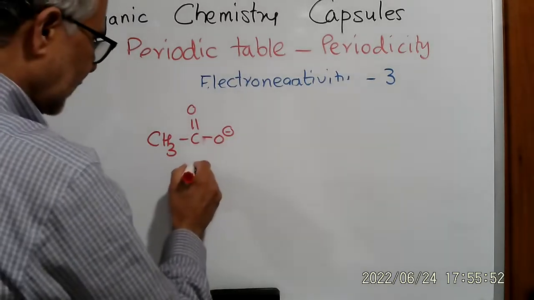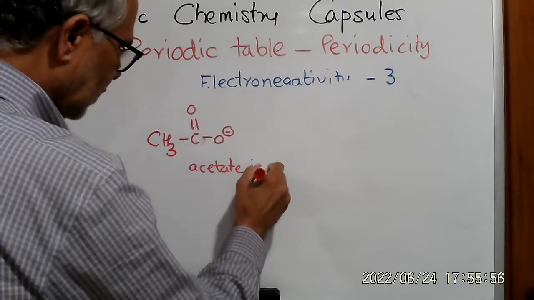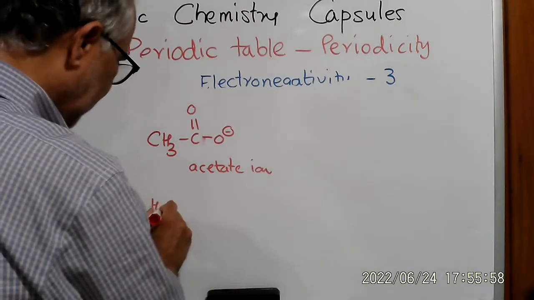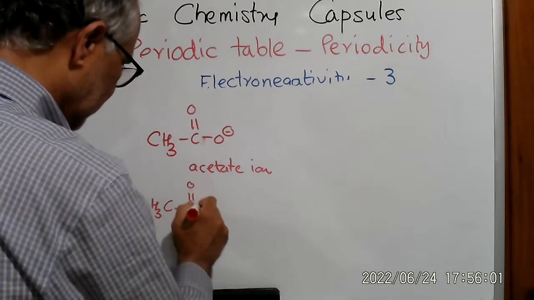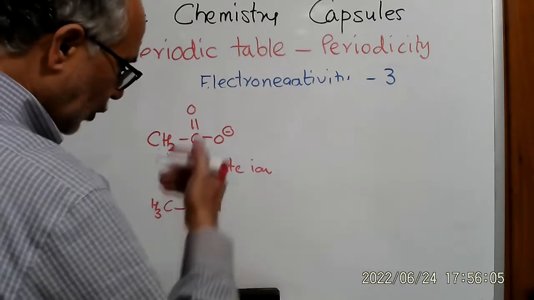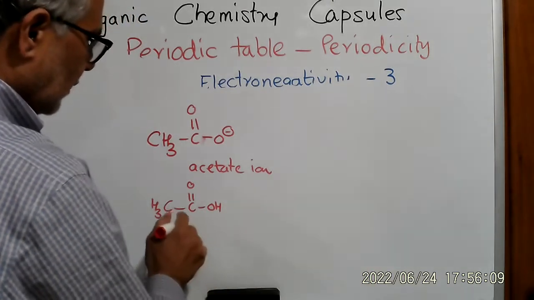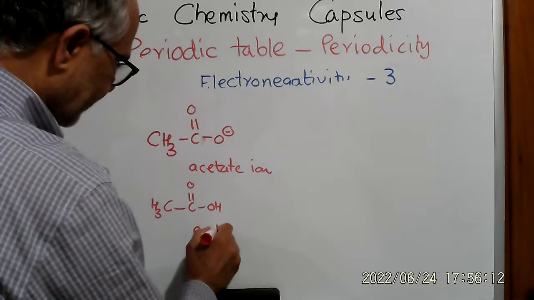This is called the acetate ion, and this ion comes from acetic acid, which is dilute acetic acid, really dilute, the water we use in pickles and things like that is vinegar. Okay. This is acetic acid.